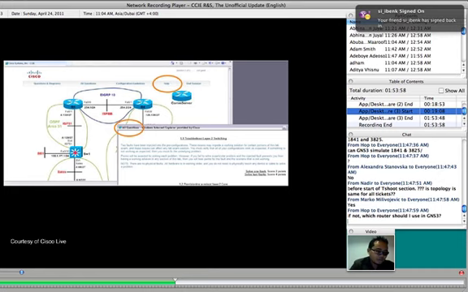When you redraw the topology, you will be more familiar with the network. You will know where you should configure OSPF and EIGRP, for example, and so on.